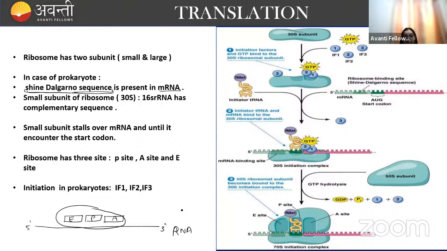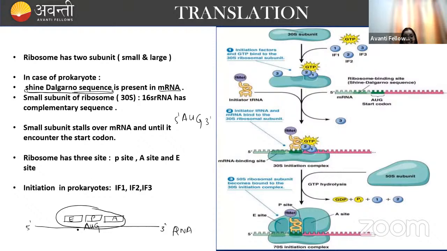Now the small subunit of the ribosome will move over the mRNA until it encounters the start codon. And we know that the start codon is AUG. This AUG performs a dual function: it acts as a start codon and it also codes for the methionine amino acid.